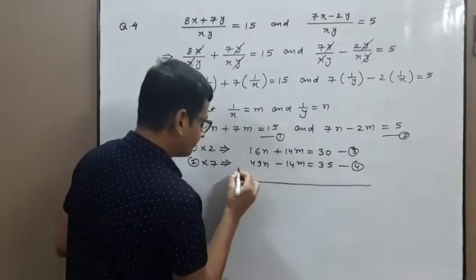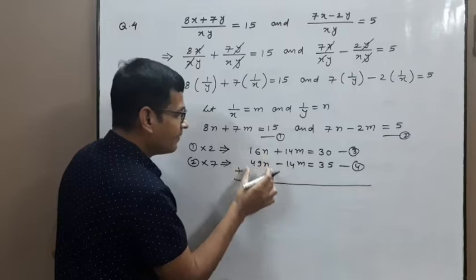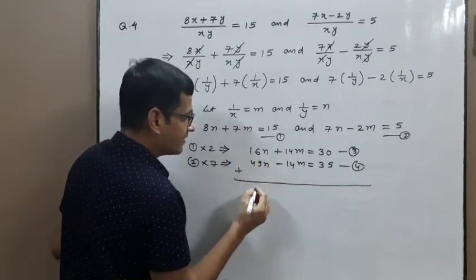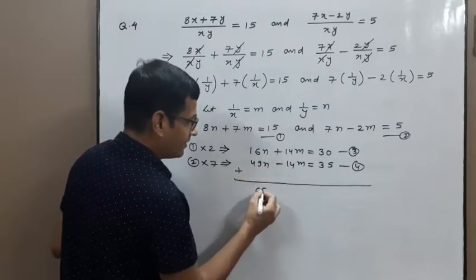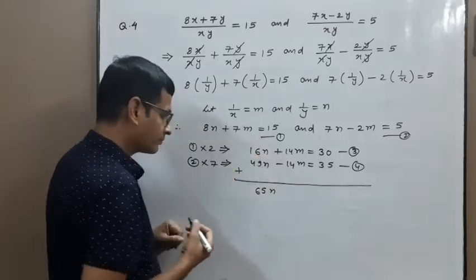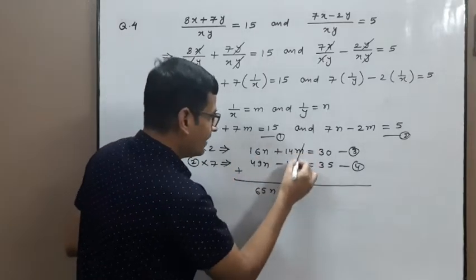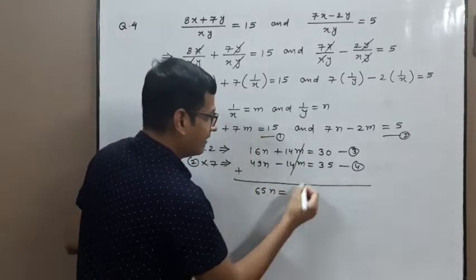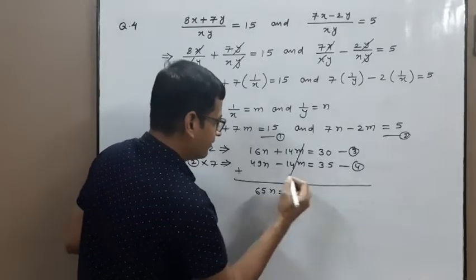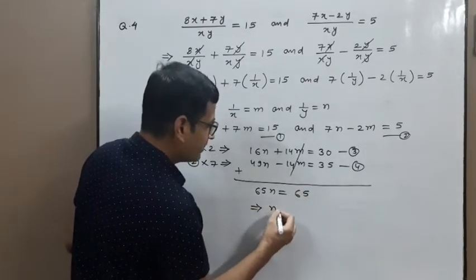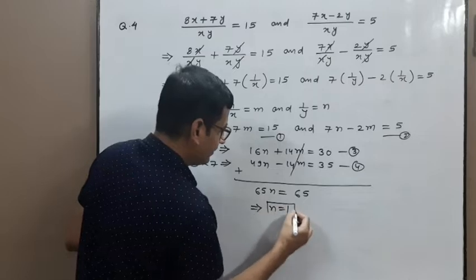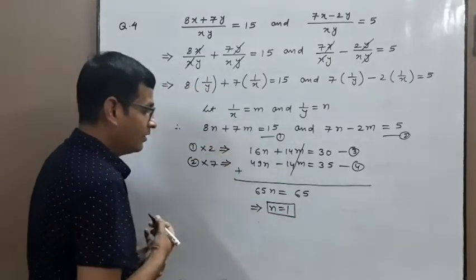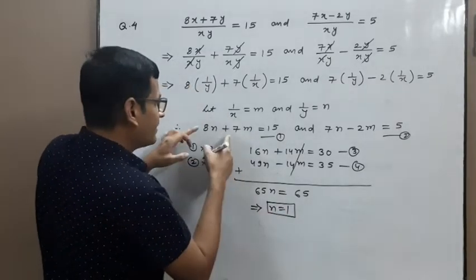Now adding both equations. This plus this, 49 plus 16, 65n. 14m minus 14m cancel, equal to 65. So n is equal to 1. Now put n equal to 1 in equation 1.